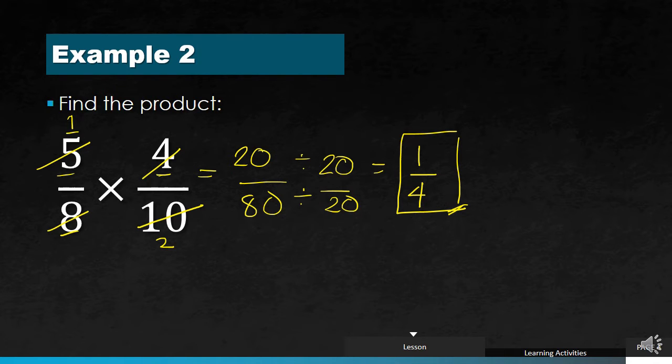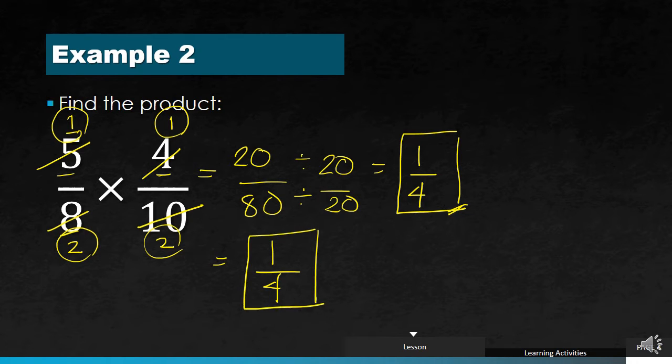So 4 divided by 4 gives you 1, and 8 divided by 4 gives you 2. Now we will multiply the numerators. So you have 1 over 2 times 2 gives you 4. There you go. You just got the same answer, although you used different solutions.